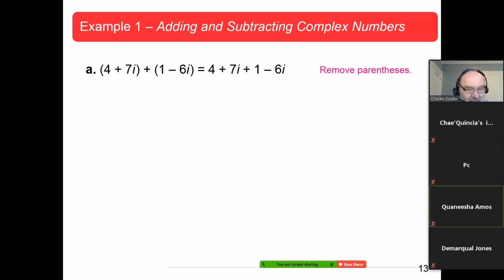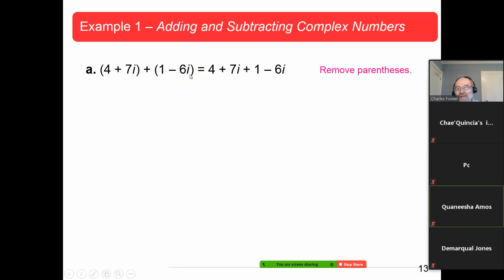So we talked last time about how you add and subtract complex numbers. Basically my approach to this, and I've never really seen a book say this, and I don't know why they don't, is that it's just like adding binomials, because this is a binomial. You have a real term and an imaginary term, a real term and an imaginary term.